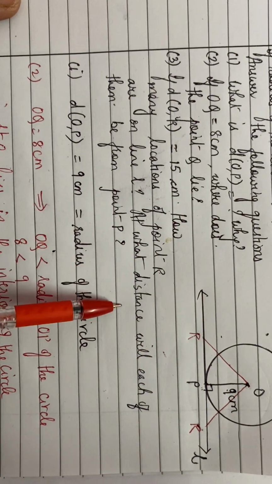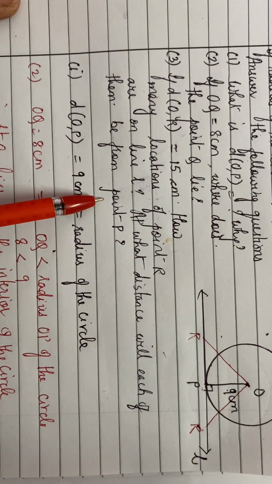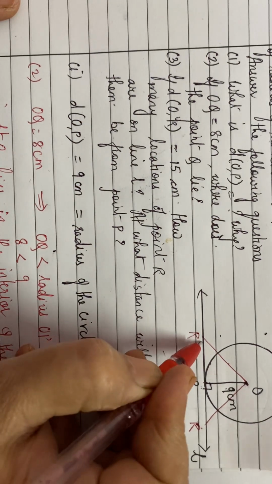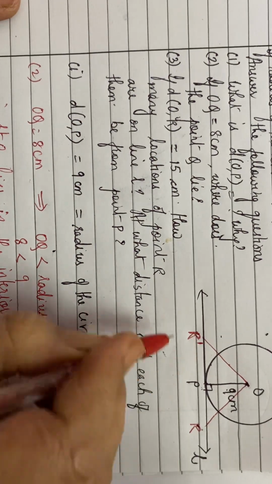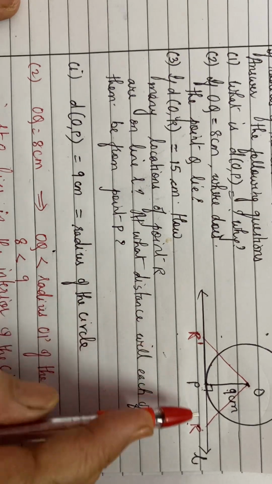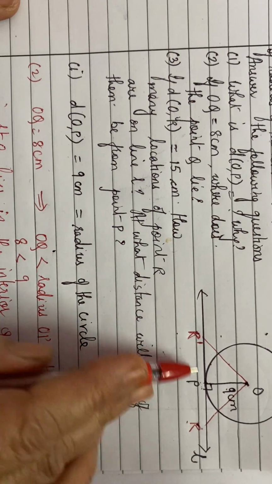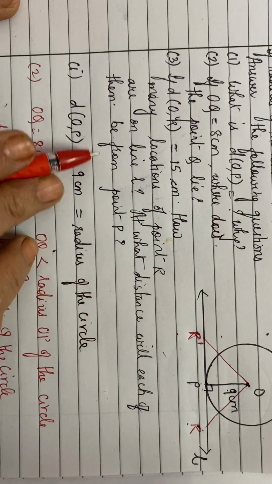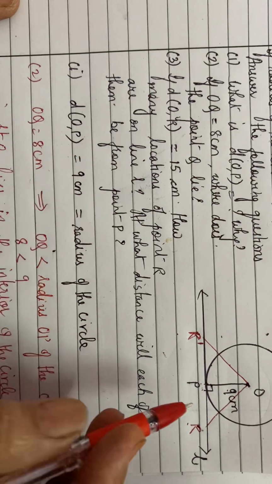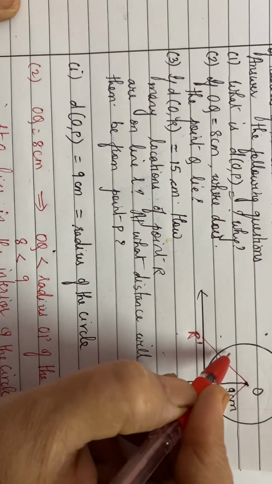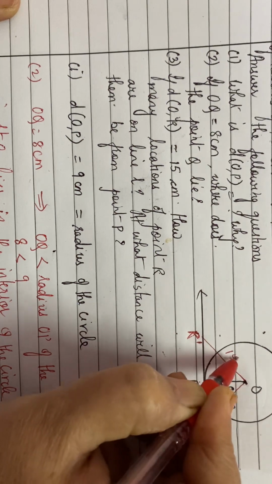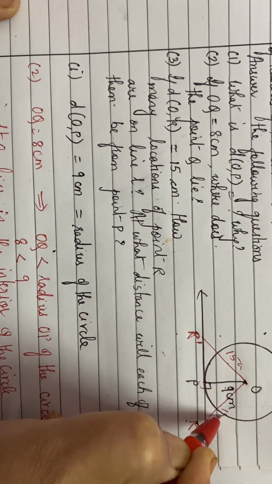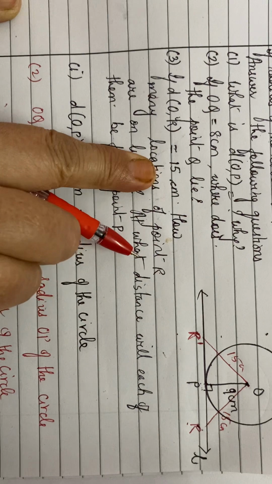At what distance will each of them be from point P? Okay, if I call this as R dash, they are images of each other. They will be at an equal distance from this point P. So at what distance will each of them be from point P? So this distance, now if this distance is 15, distance OR is 15, it is given to us.